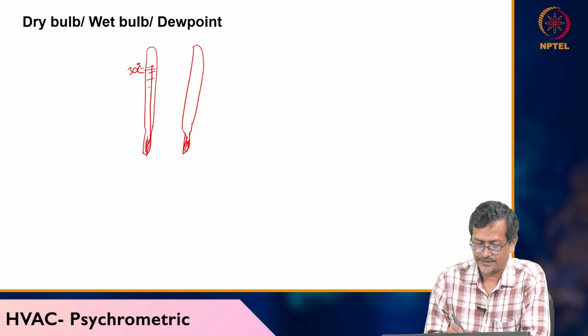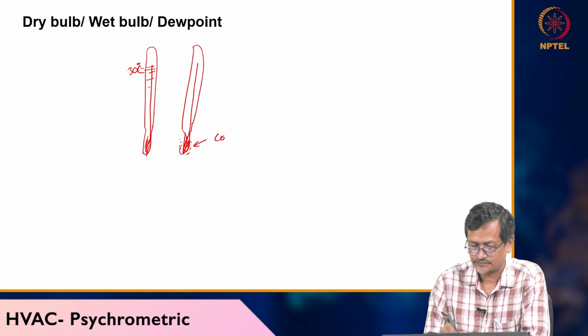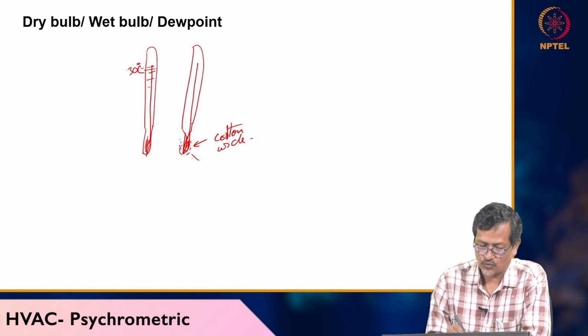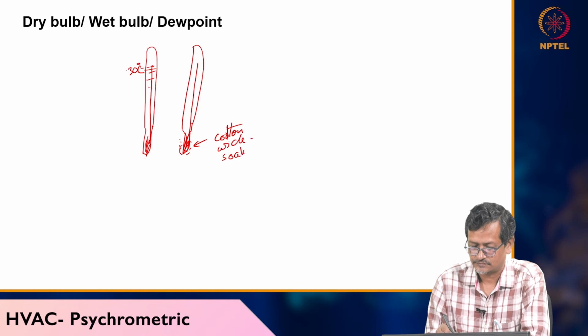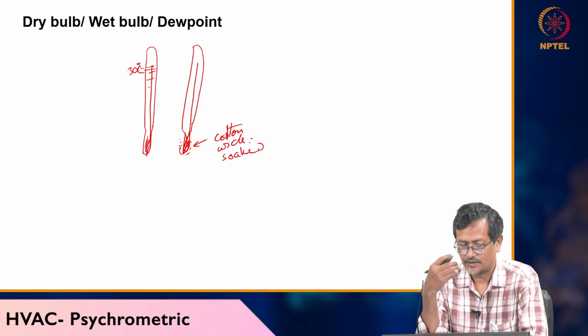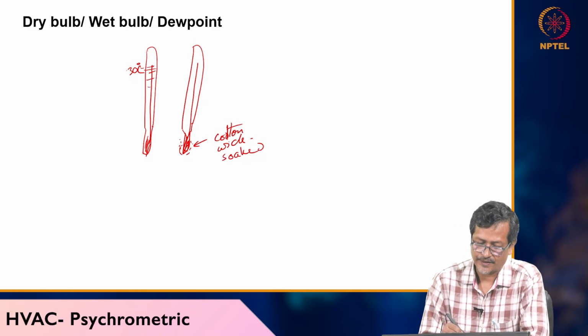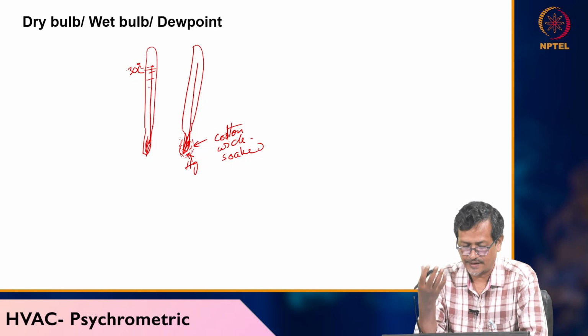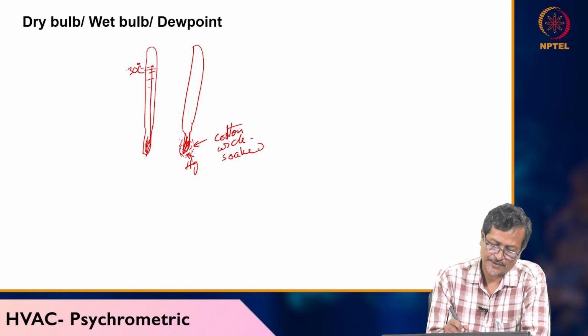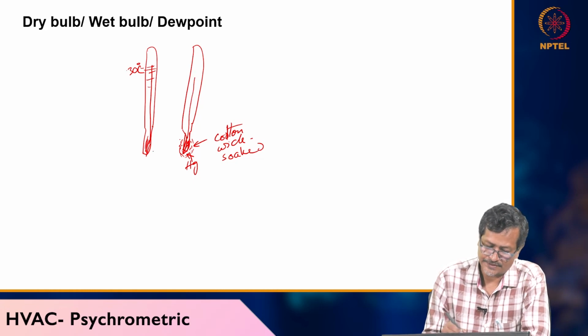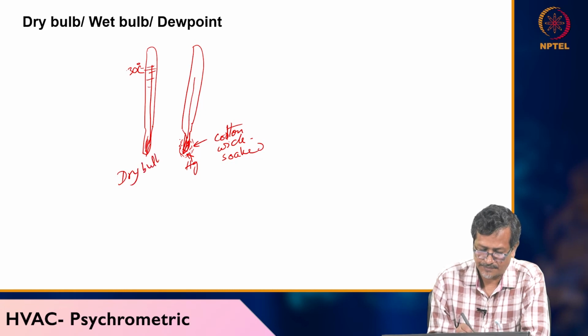Now I have another thermometer which has a cotton wick, soaked. The cotton wick will evaporate lots of water molecules from around the bulb of this mercury thermometer, and that will take latent heat and reduce the temperature of that area. So this is called dry bulb, and this is wet bulb.